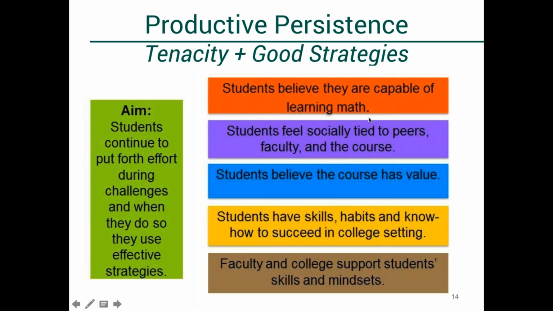Third, we address this idea that we want students to believe that the course itself has value to them, both instrumental value as well as a deeper sense of value in terms of the impact on their own lives. And then students have skills, habits, and know-how to succeed in a college setting. Of course, this is typically known as academic skills.